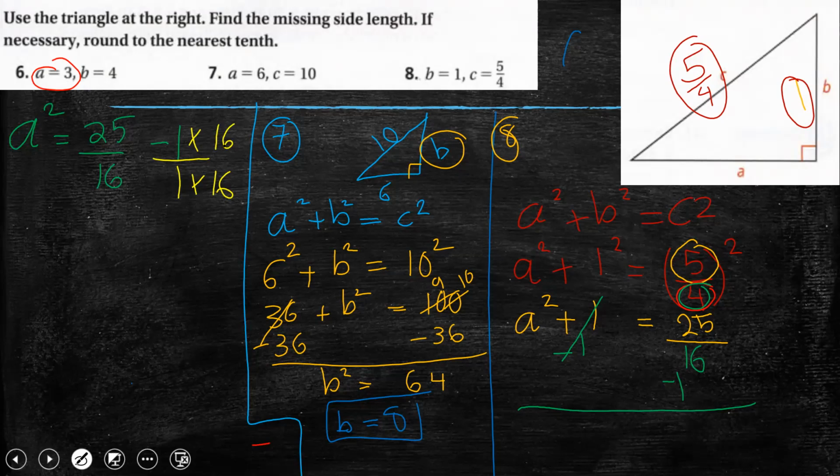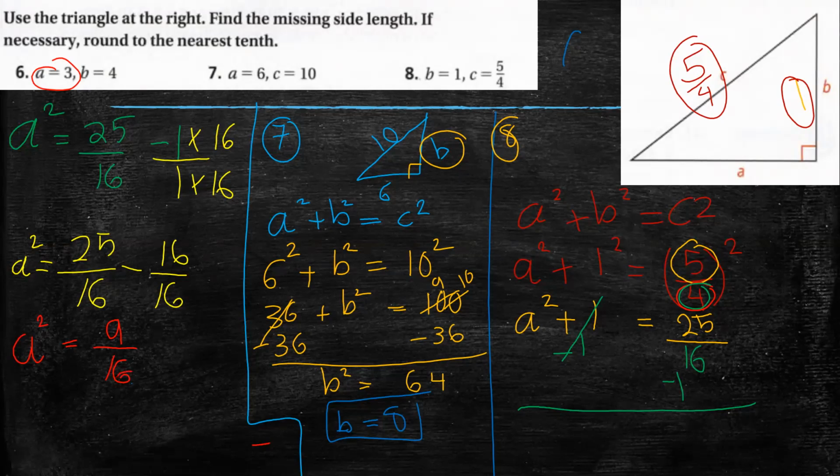So it becomes 25 over 16 minus 16 over 16. 25 minus 16 equals 9 over 16. This is A squared.